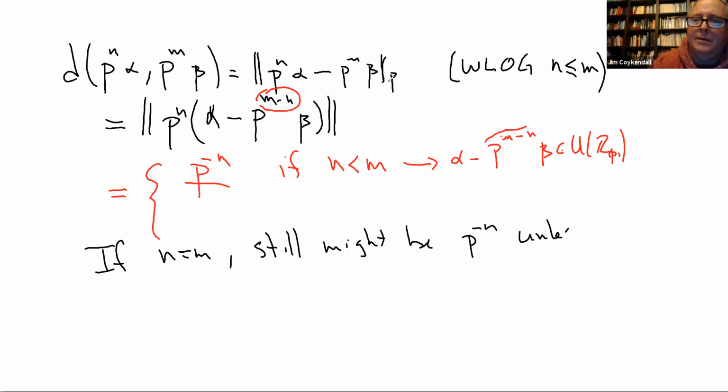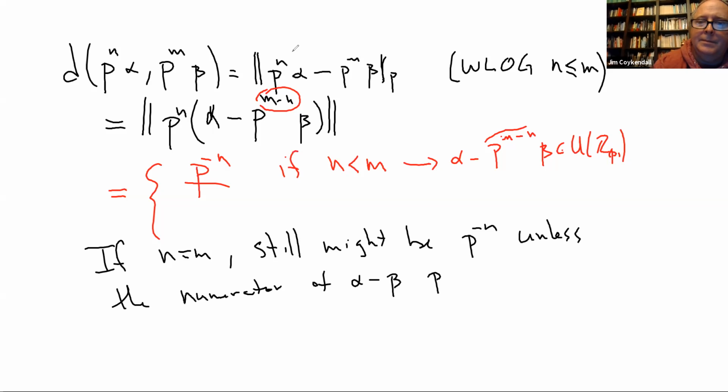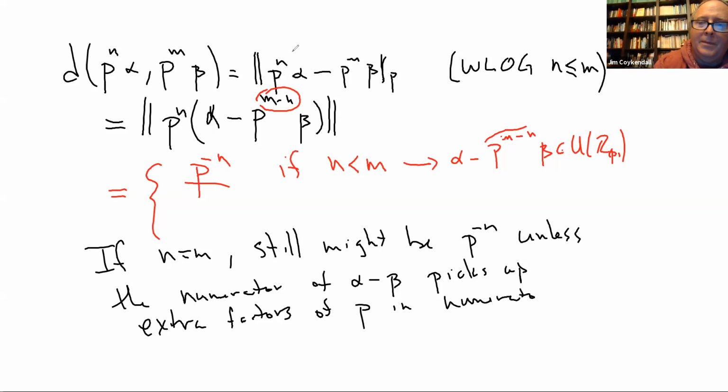Unless the numerator of alpha minus, well, now it's going to be p to the 0, so I can write it this way, alpha minus beta picks up extra factors of p in the numerator.